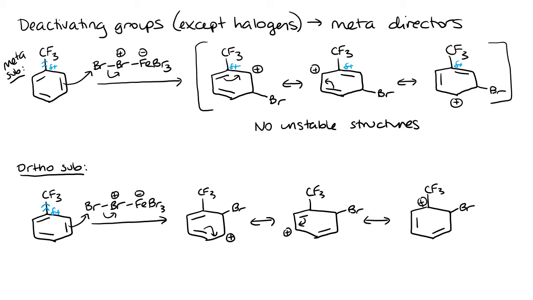Now, this carbon originally had a slightly positive charge, and it's going to maintain that slightly positive charge because this is an electron withdrawing group. So we have a positive charge on top of a partial positive charge that is too much positive for that atom to take. So this is actually a highly unstable resonance structure because you have the clash of like charges.